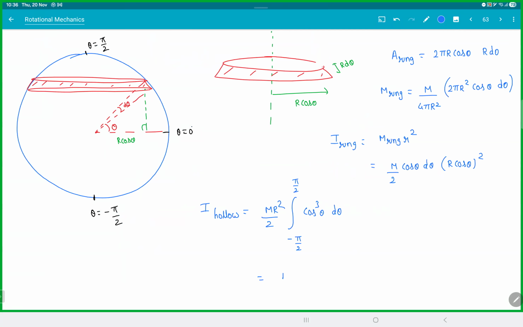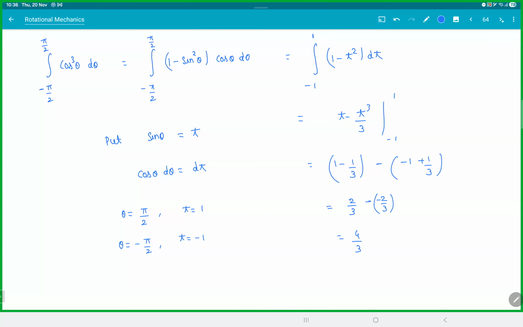Substitute here. Mr square by 2 into 4 by 3. 2 by 3 mr square. There. You can mug up the result, but that's how you derive this. Yeah, you can also use the cos cube formula and do it. Clear with this?